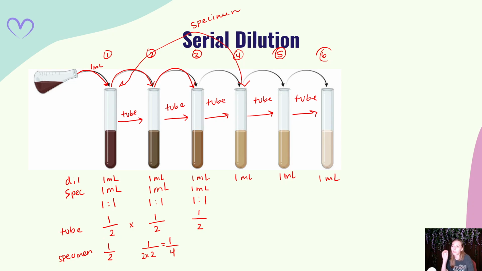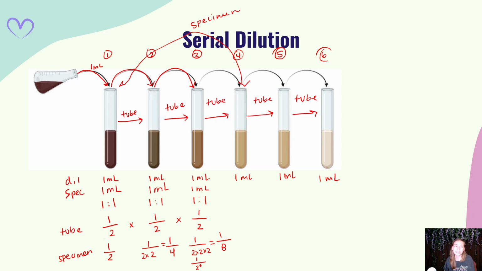In order to get the specimen dilution, I have to multiply 1 over 2 times 1 over 2 times 1 over 2. Because I have diluted by a factor of 2 three times now. So this is going to be 1 over 2 times 2 times 2, which is going to equal 1 over 8. Cool? Another way of writing that would be 1 over 2 to the factor of 3.